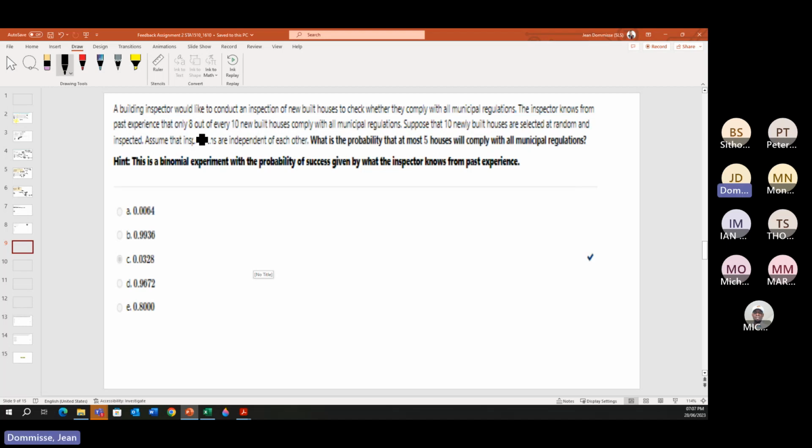The building inspector would like to conduct an inspection of new built houses to check whether they comply with municipal regulation. The inspector knows from past experience that only 8 out of 10 comply. Suppose that 10 newly built houses are selected at random.